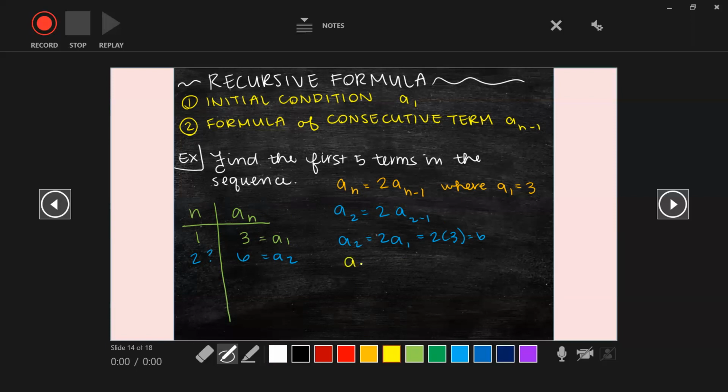If I'm trying to find a sub 3, I have 2 times a sub what? It'll be a sub 3 minus 1, right? Because it's n minus 1. So a sub 3 is going to be 2 times a sub 2.